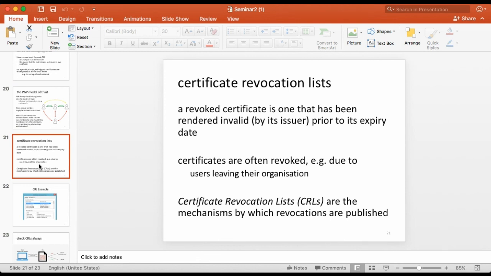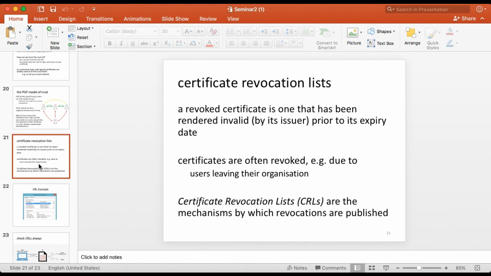Now, from time to time, certificates could be revoked, and generally systems or data servers would keep a list of such revoked certificates. There are various reasons for those revocations. It could be that the user has left the organization they were working for, or perhaps a machine has been retired and is no more in use, and therefore you want to revoke the certificate that belongs to that machine.